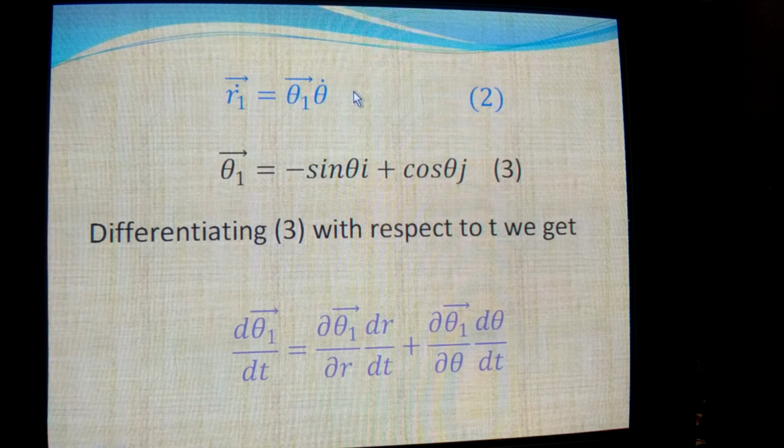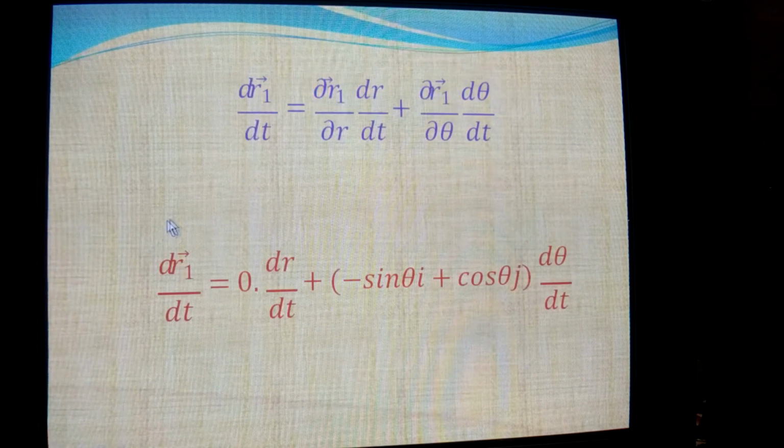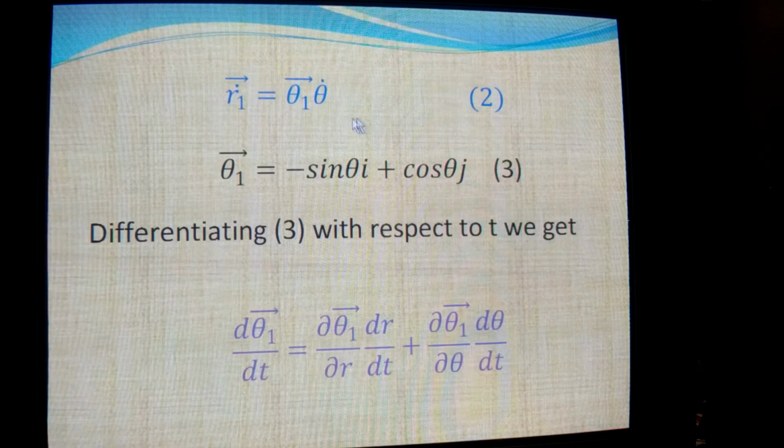Theta dot means differentiation with respect to t. So this whole term takes the form of equation 2: r1 bar dot is equal to theta 1 bar into theta dot. Now we got one quantity, that is r1 bar dot.